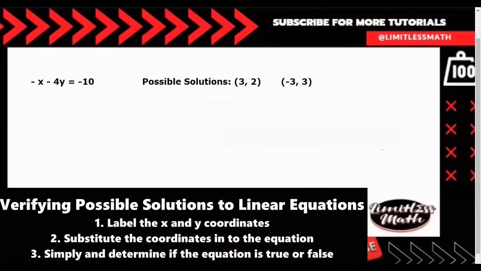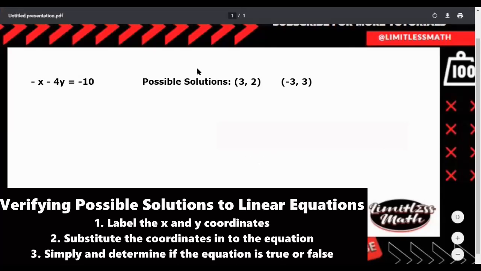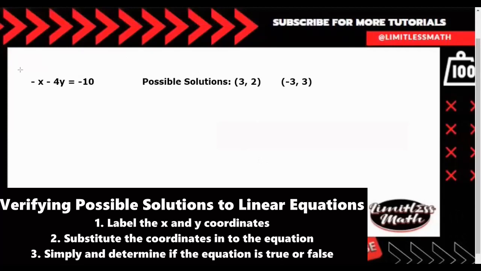In this video lesson, we are going to calculate or verify solutions to linear equations, also called solutions to two-variable equations. So for this first example, we have on the left here a linear equation, a two-variable equation because it has an x and a y.